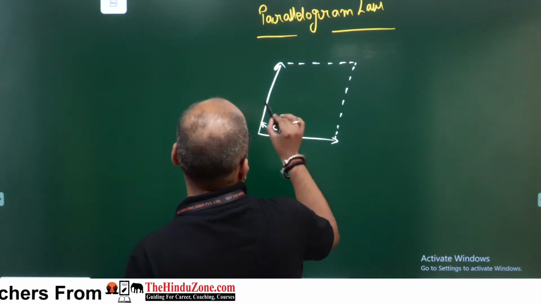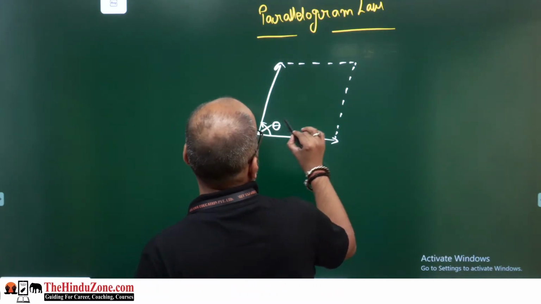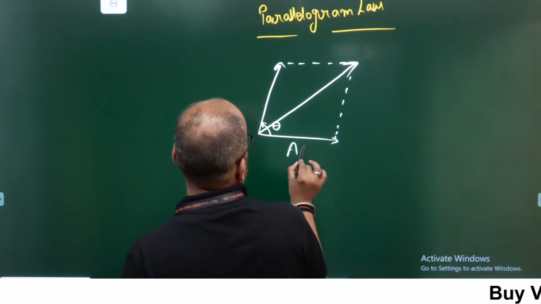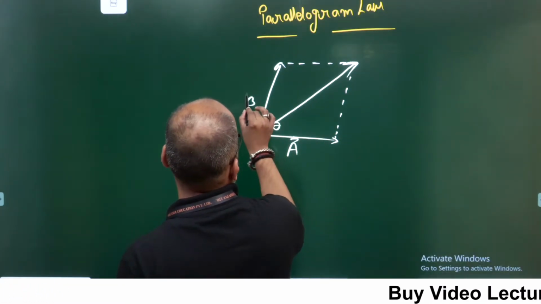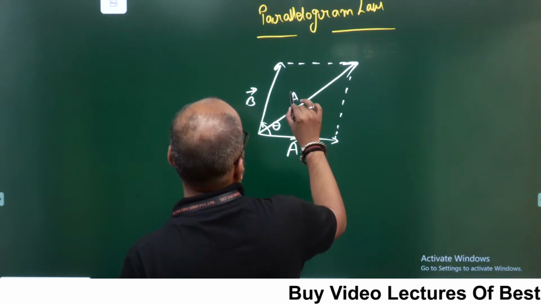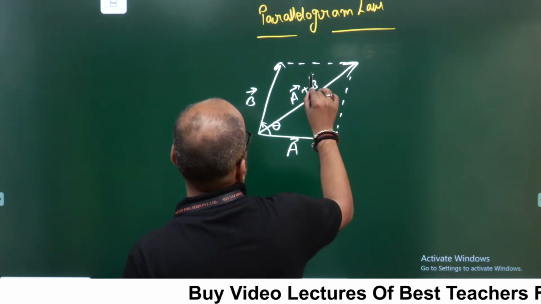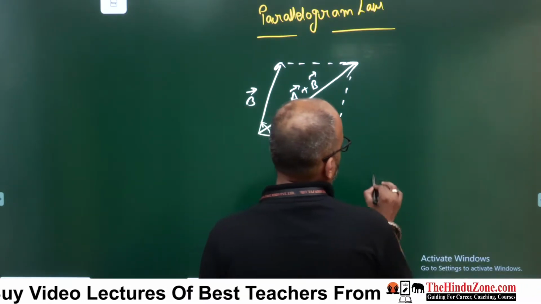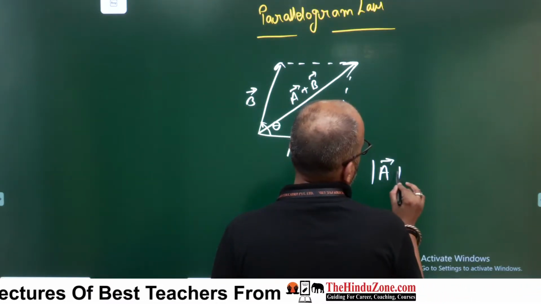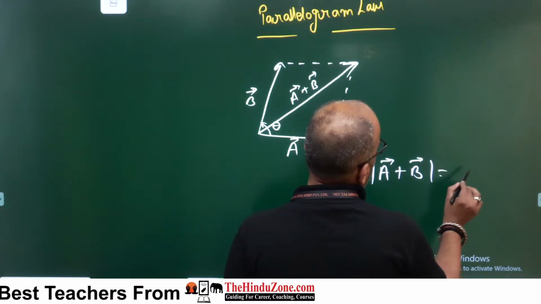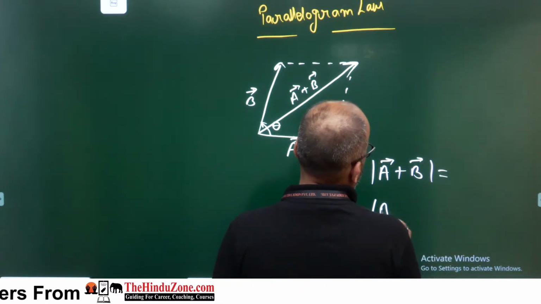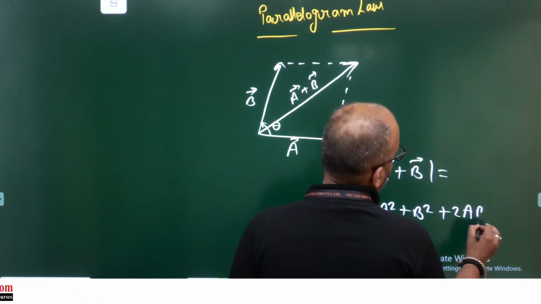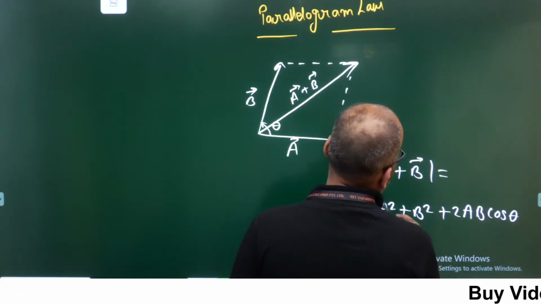So a diagonal from this end to this end, suppose this is vector A and this is vector B, so this diagonal will be vector A plus vector B. That's parallelogram law, and again you can find the magnitude of vector A plus vector B. The same formula is there, under root A square plus B square plus 2AB cos theta.